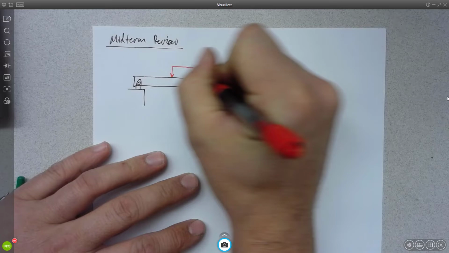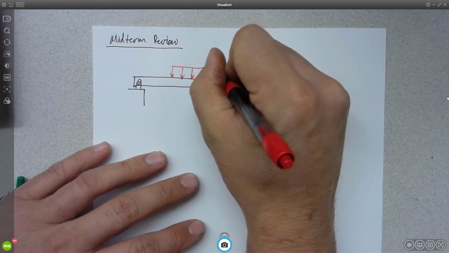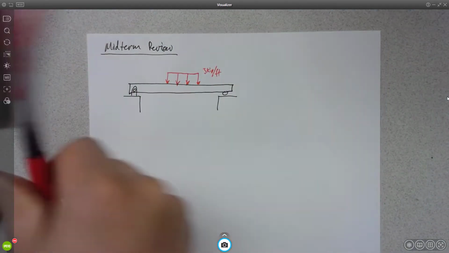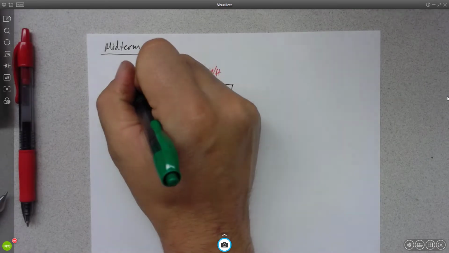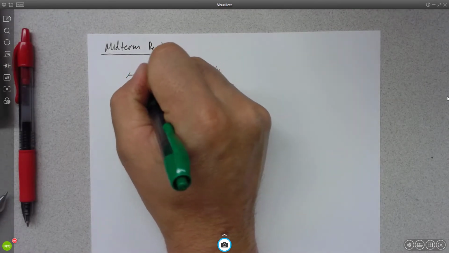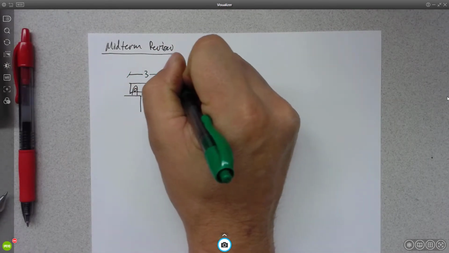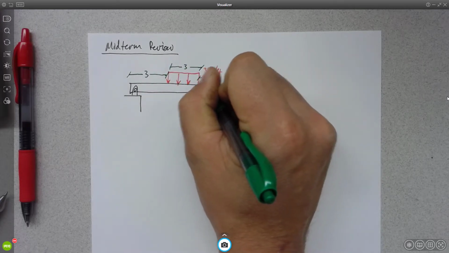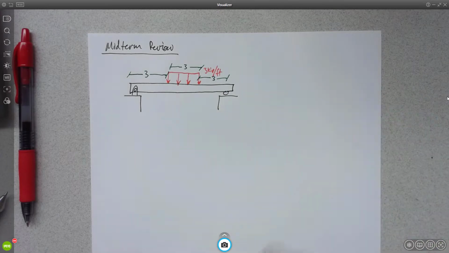And this distributed load, let's say it's 3 kip per foot. So pretty simple beam.